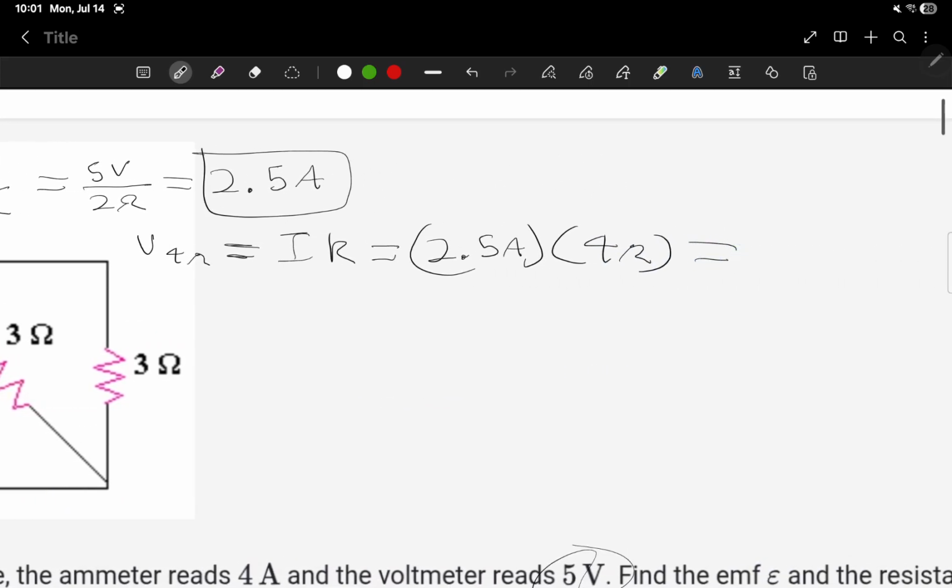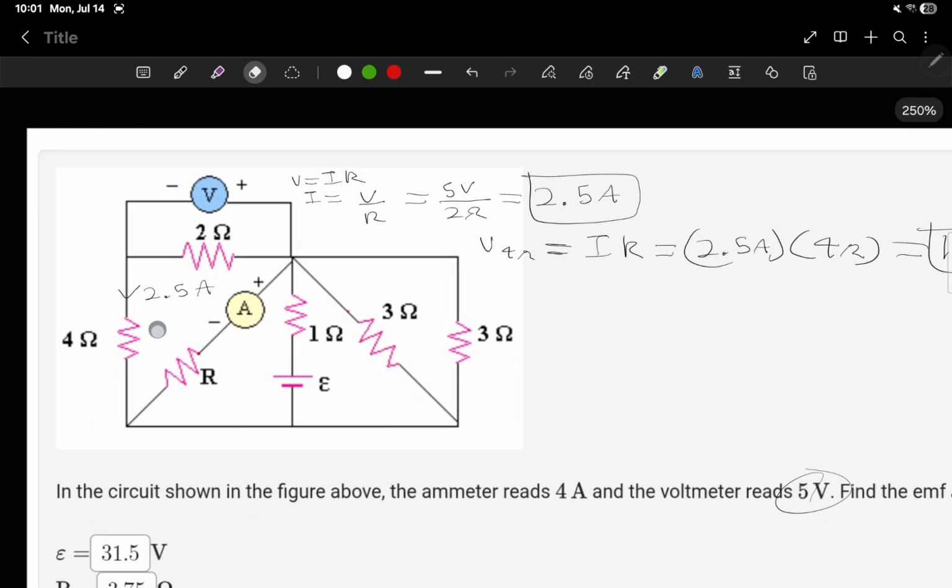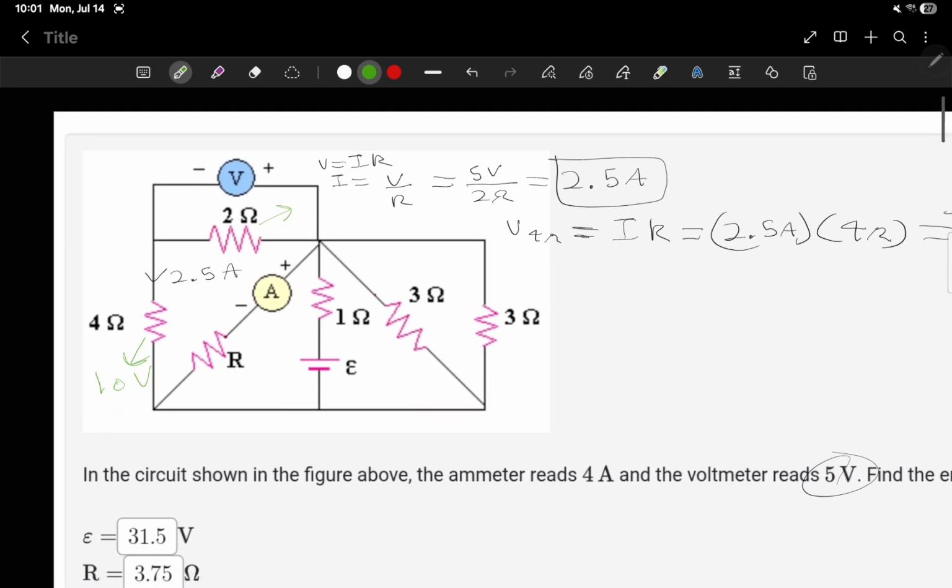So 4 times 2.5 gives me 10 volts. So the voltage on this one is 10 volts, and the voltage on this one is 5 volts.